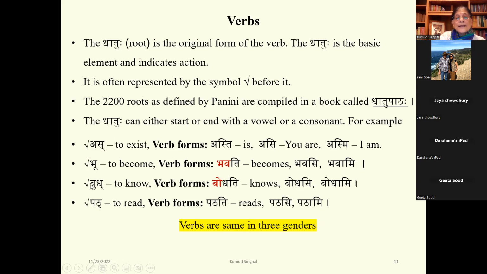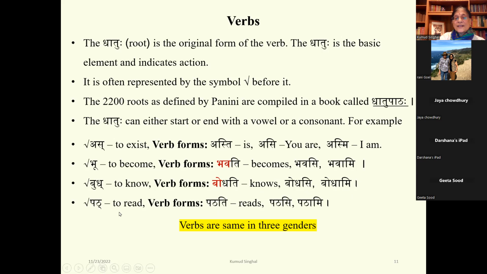Then the next one, dhatu is buddh. By some rules, this bu becomes bo. So bodhati. Buddh means to know. So bodhati will be he, she, or it knows. Bodhasi, you know. Bodhami, I know.